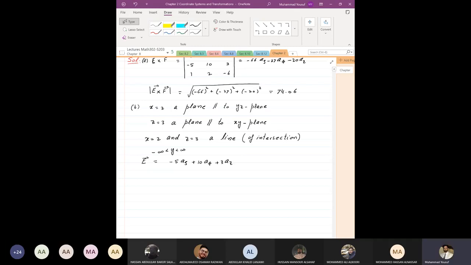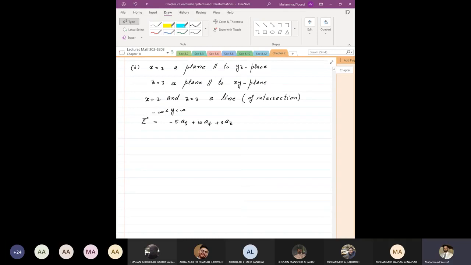you know, you have seen two types of vector projection, a scalar projection and a vector projection. Let me just quickly remind you.